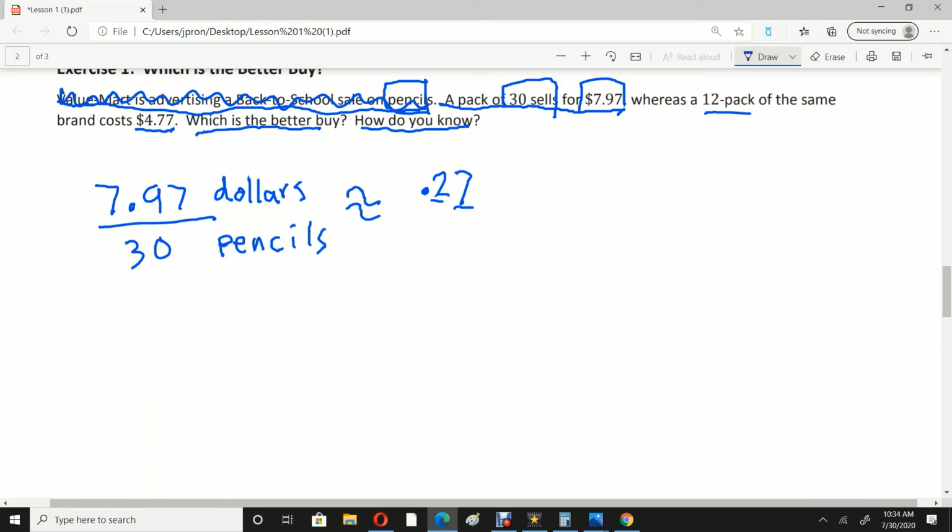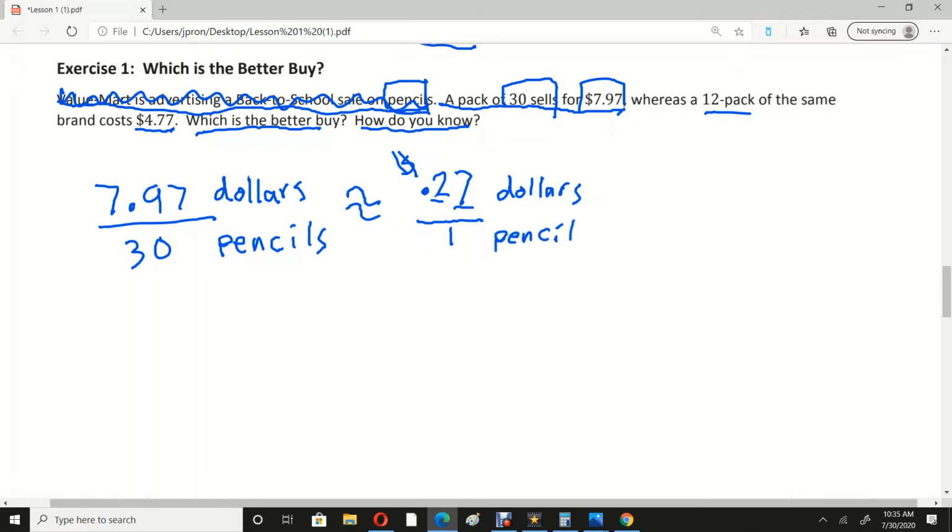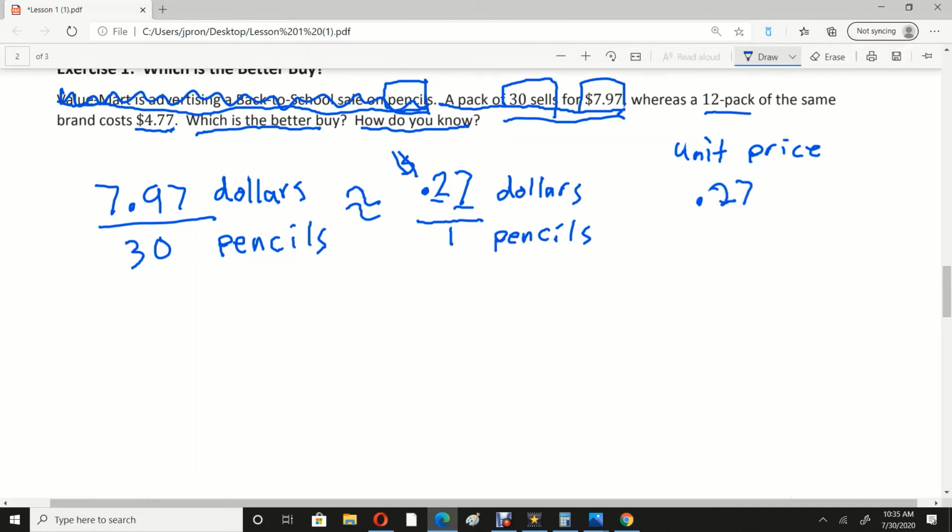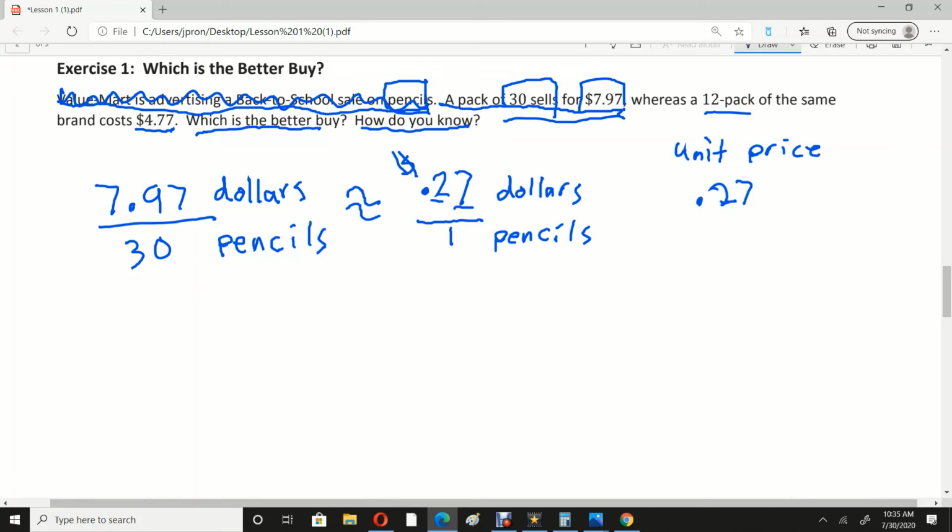So approximately equal to 27 cents, or $0.27, which we know is 27 cents per one pencil. So in this pack, our unit price is 27 cents.